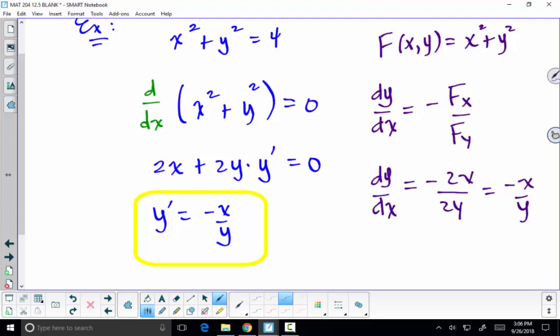So that's fantastic. And the perspective is different, though. We're building a surface that has the original curve as a level curve. If we build this surface that has the original curve as a level curve, then this is a shortcut for finding dy dx, finding the derivative.